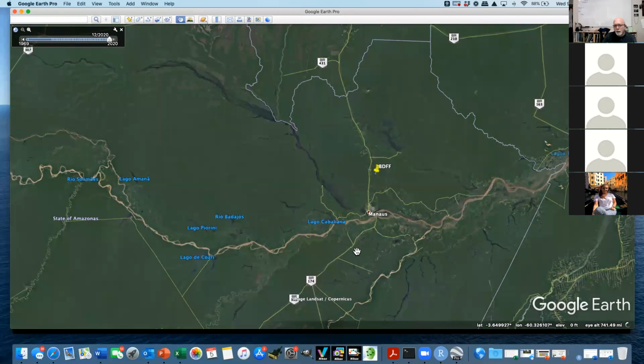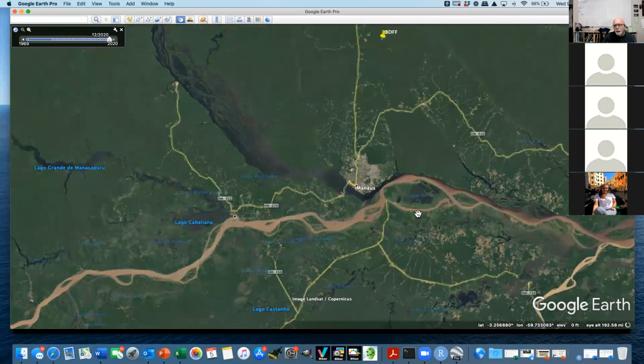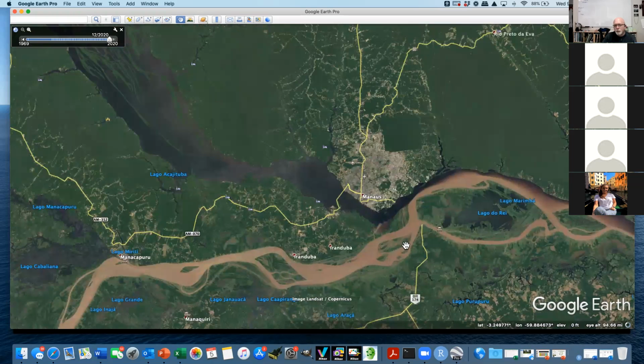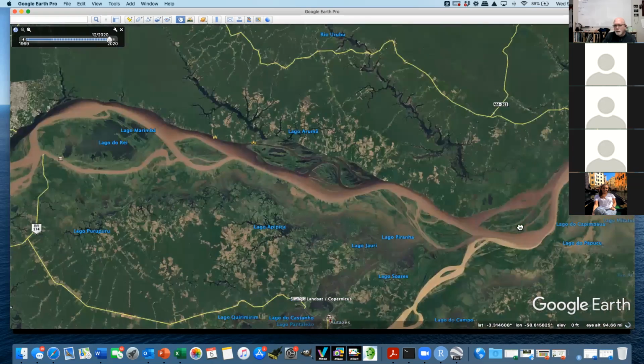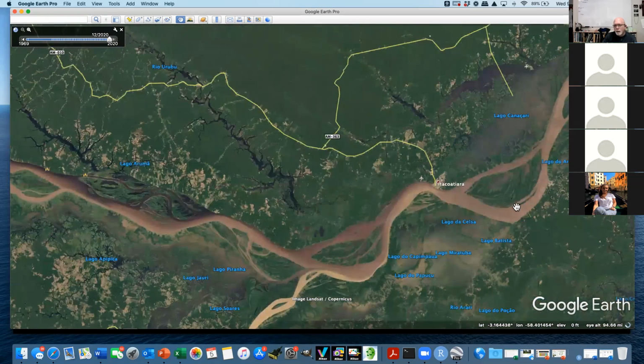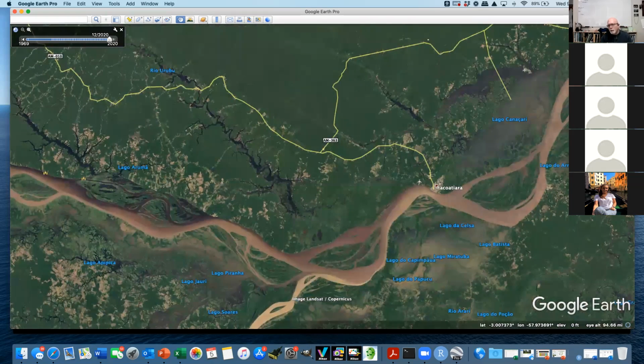And right here at Manaus, you can see these two rivers joining, and you can see their waters mixing. So you can see the water from the Amazon and the water from the Rio Negro coming together, and then over a period of time they slowly mix until way downstream it's kind of just this muddy river again.